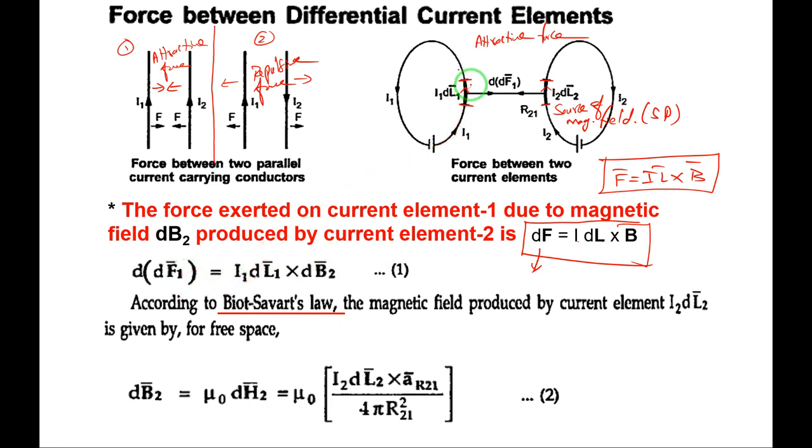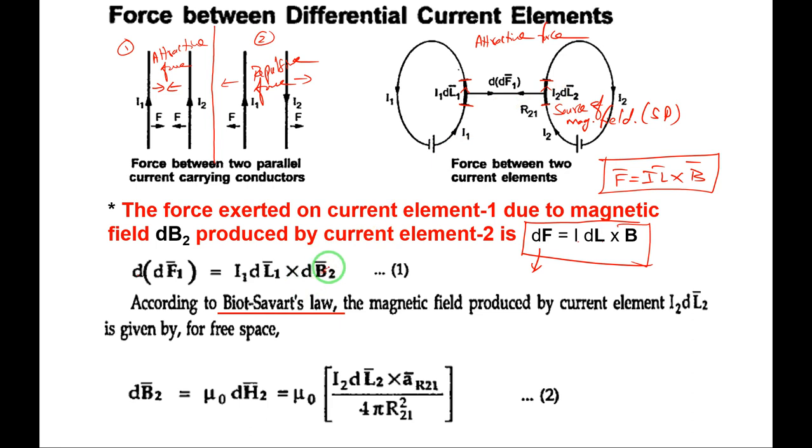So the vector force exerted on current element 1, the differential force dF1, right, is equal to the current element I1 dL1 cross dB2, where this is the magnetic flux density, right? So current element 2 is the source of magnetic field, so dB2. Don't write dB1 because the source of magnetic field is current element 2, so dB2. I hope you got it.